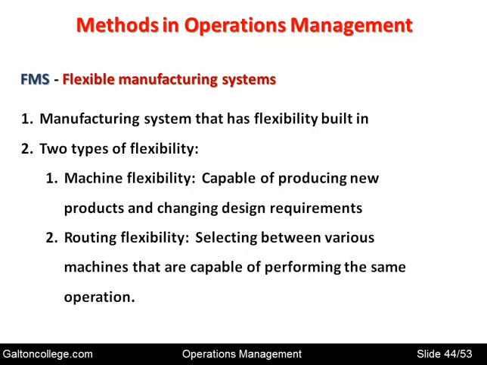And the second type is what's called routing flexibility. Selecting between various machines that are capable of performing the same operation. So if machines can do essentially the same thing, then it's a question of finding which one is best. If the organization can produce a certain product, which route through the organization should be used?